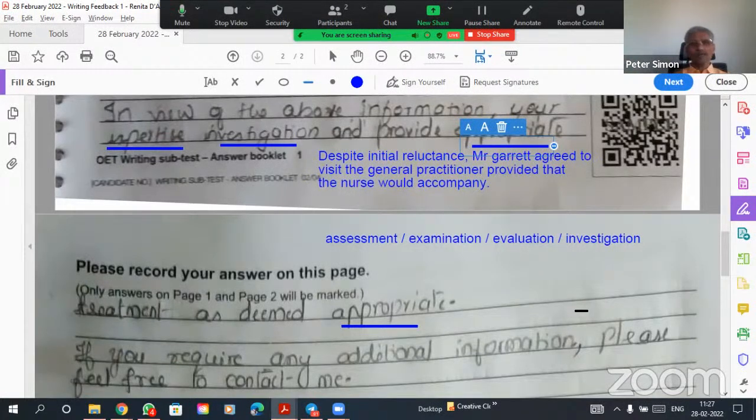Appropriate treatment, already you are saying, and again as deemed appropriate. Appropriate treatment is finished, no? Then why are you writing as deemed appropriate again here? Is it necessary? It is redundant, more than what is required. You can eliminate this because you have already used the word appropriate. Now you understand, Renita.